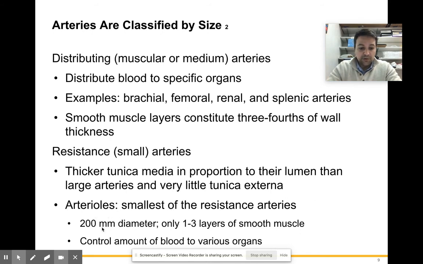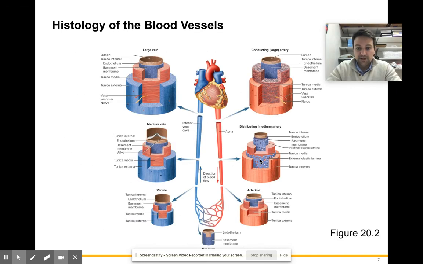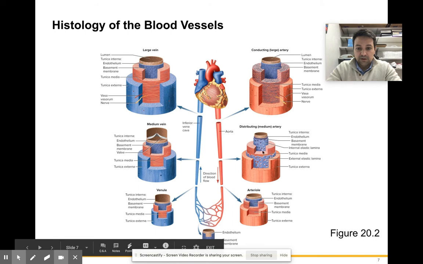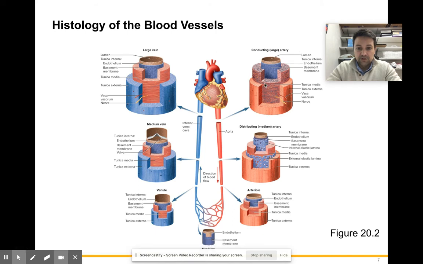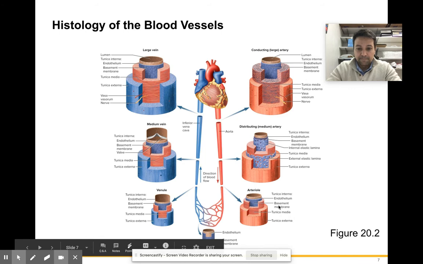They can be 200 micrometers in diameter, and only 1 to 3 layers of smooth muscle can be found in them. They control the amount of blood to various organs as well. If you go back to the picture, we can see the size difference in all three: here's your large conducting artery, your distributing artery, and your arteriole.